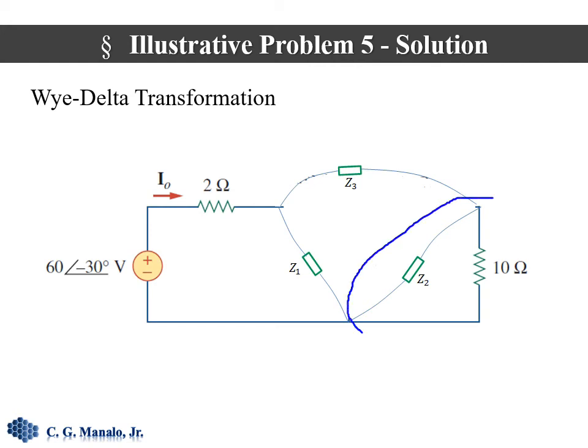Now this is parallel, which is in series with this, and the combination is in parallel with that. So we could again easily solve for I sub naught. As an exercise, you may want to complete the solution so that you can have a feel of how to do Y-delta or delta-Y transformations.